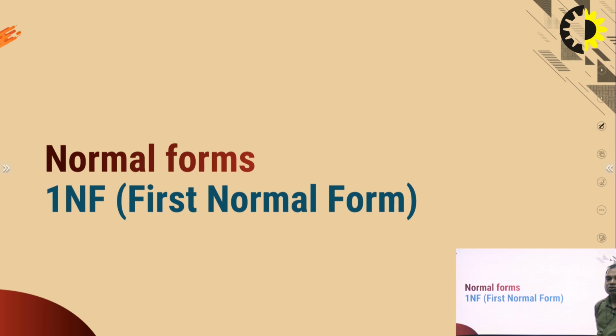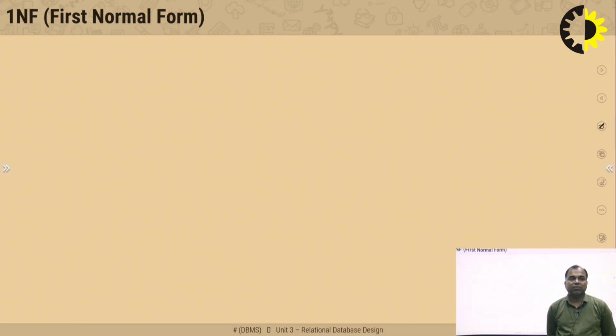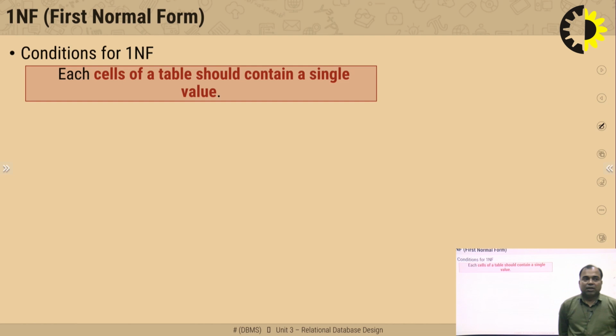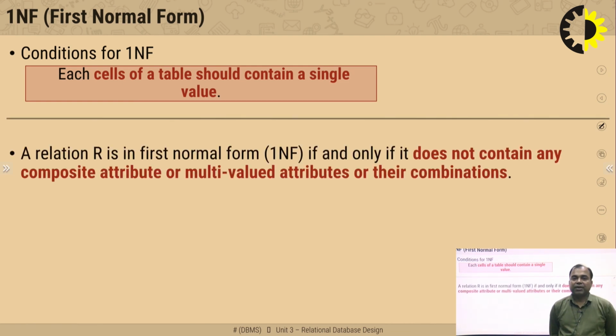Now the first normal form. What is first normal form? The first and only condition of the normal form is that each cell of a table should contain a single value. Every cell in a table in a database must be an atomic value. A relation R is in first normal form if and only if it does not contain any composite attribute or multi-valued attributes or their combinations.